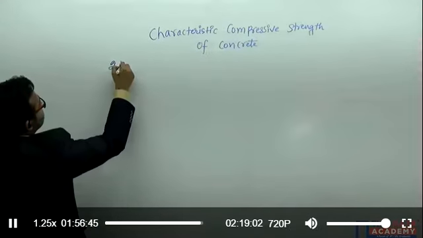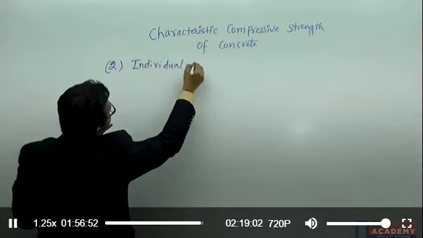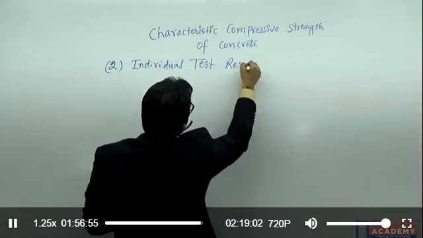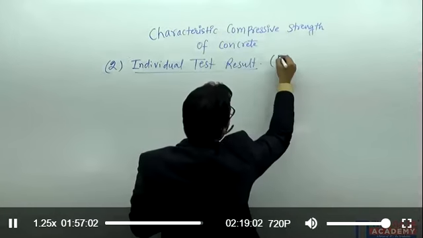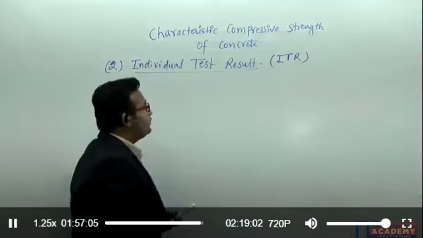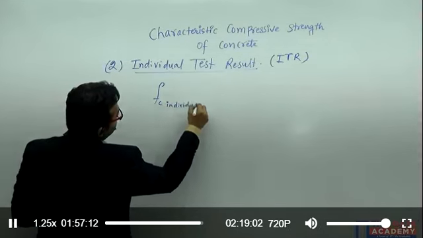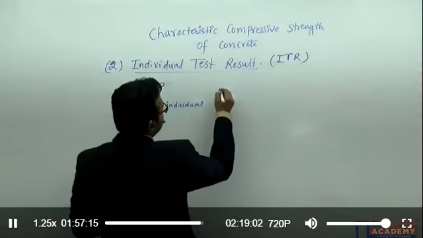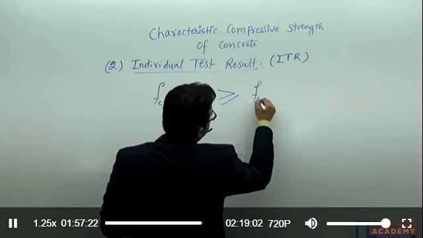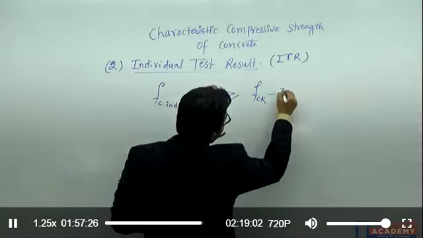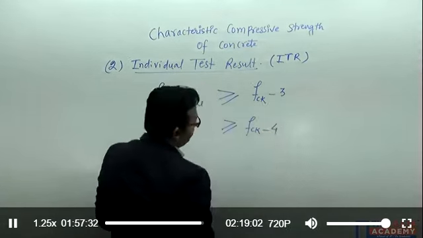The second criteria is individual test result. It is also called ITR test. In short, we people write ITR test. So here your FC individual should be greater than or equal to FCK minus 3, or should be greater than or equal to FCK minus 4.